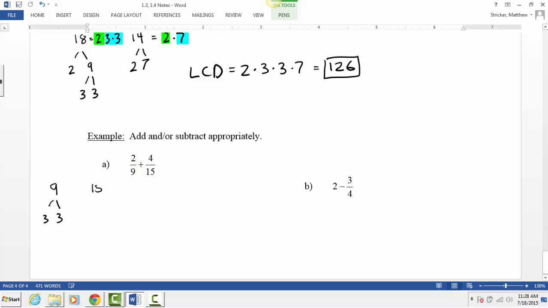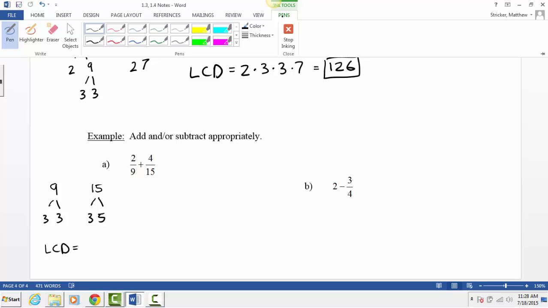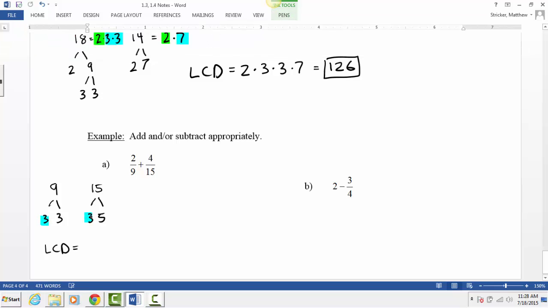Take our 15, which is 3 times 5. So our least common denominator has got to be, well, it's what they have in common. They both have a 3 in common, times what's different, another 3 and another 5. 3 times 3 is 9, 9 times 5 is 45.